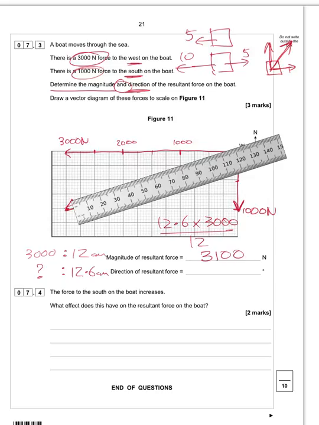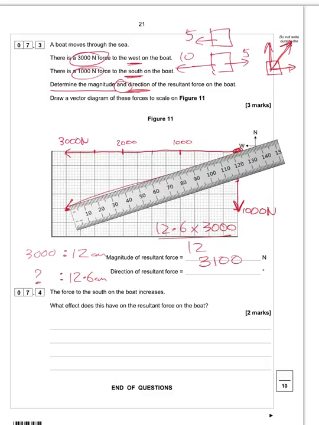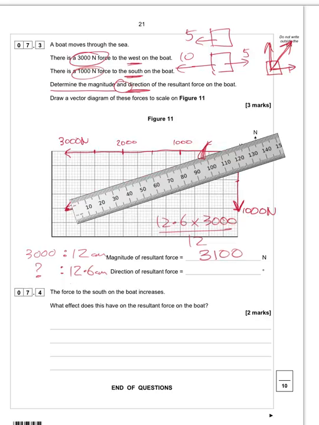So that's the magnitude, and now the direction of the resultant force. If I wanted to, I can use a protractor to work out this angle here, which is about 18 degrees.